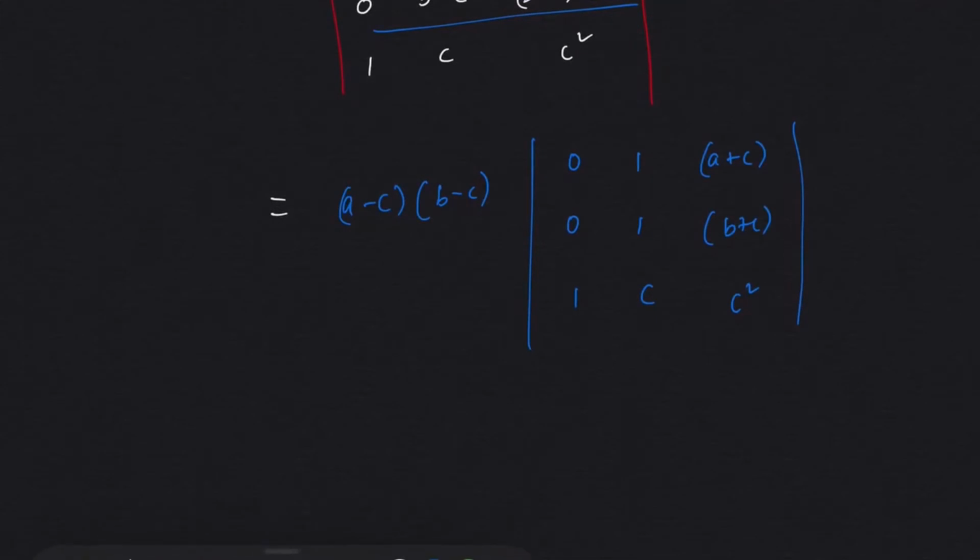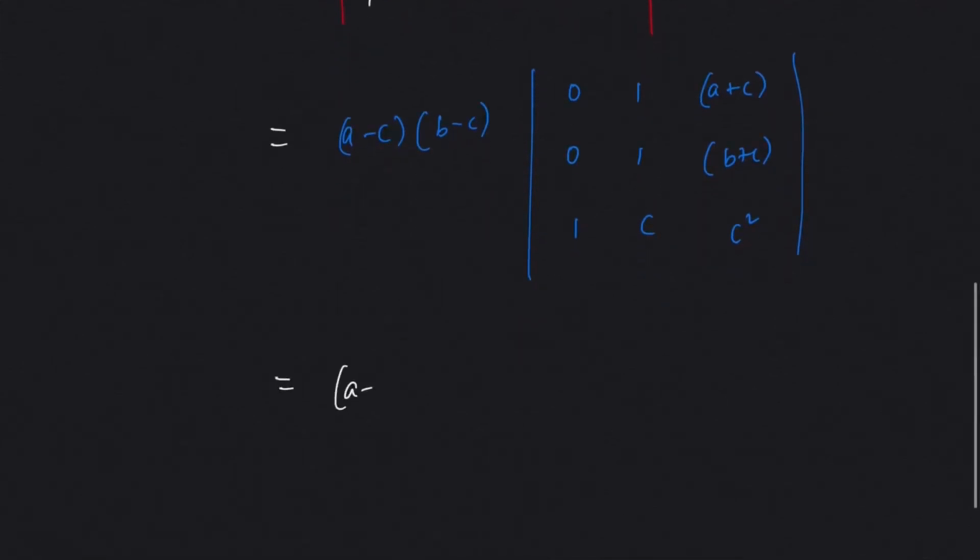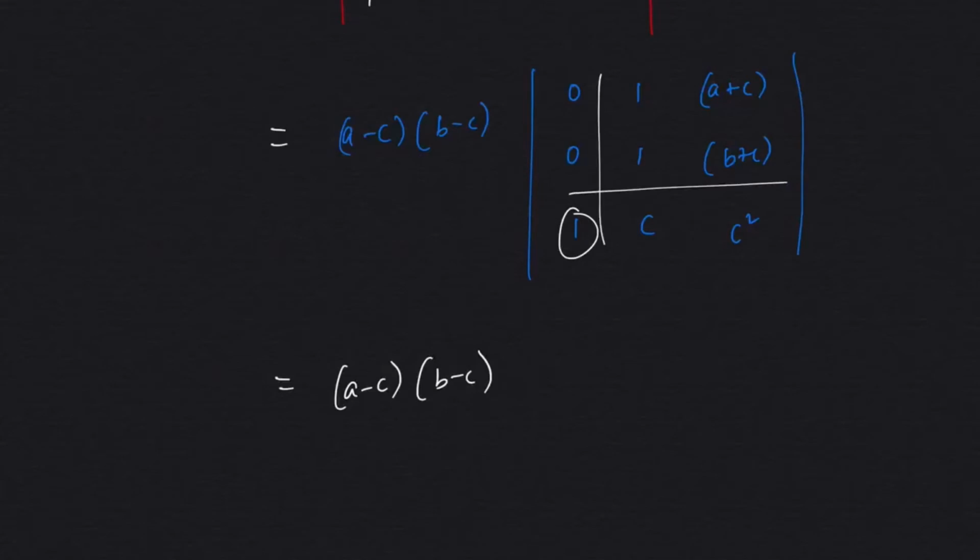Alright, so proceeding further, I will leave it as it is, A minus C, B minus C. Now I will expand along C1, leaving this row and column. The other elements will all be 0, because 0 into anything is 0, so only 1 will be left.